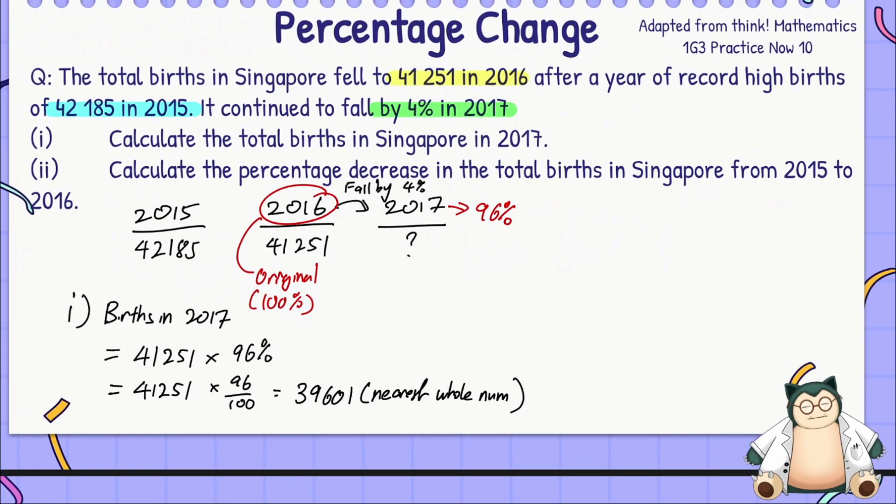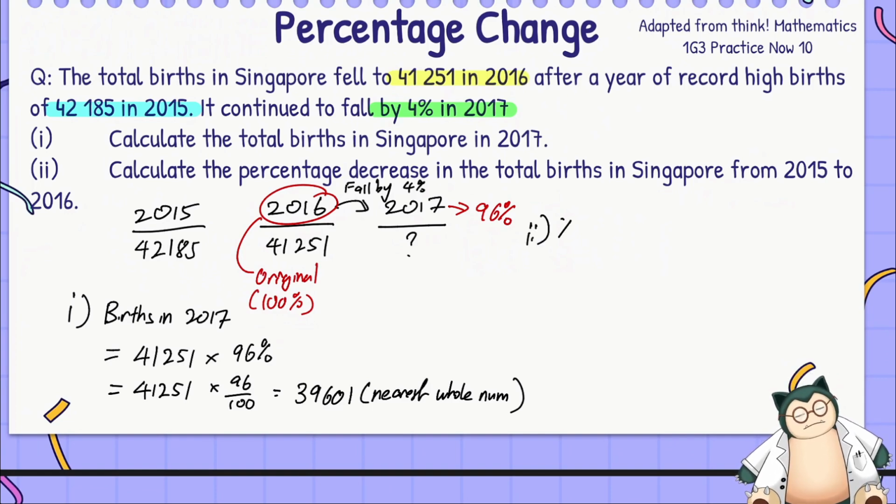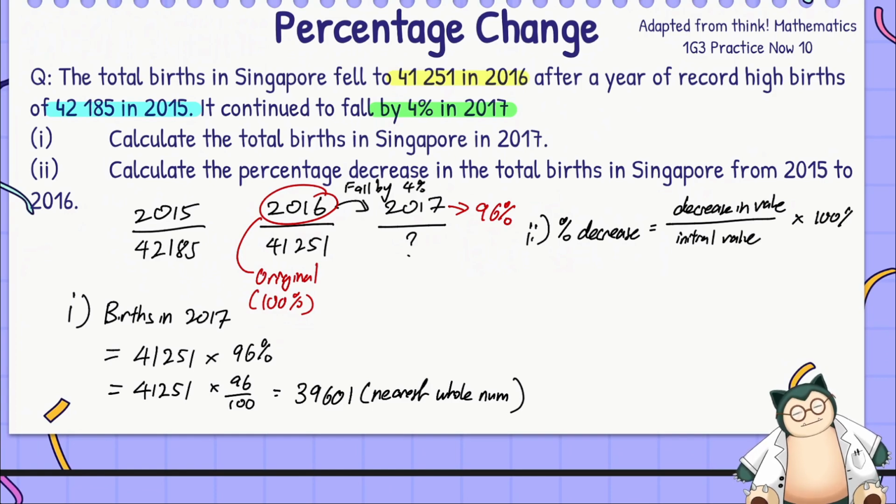In part 2, calculate the percentage decrease in the total births in Singapore from 2015 to 2016. For 2015 to 2016, we simply apply the percentage change formula. The percentage decrease would be the decrease in value over the initial value, multiplied by 100%.